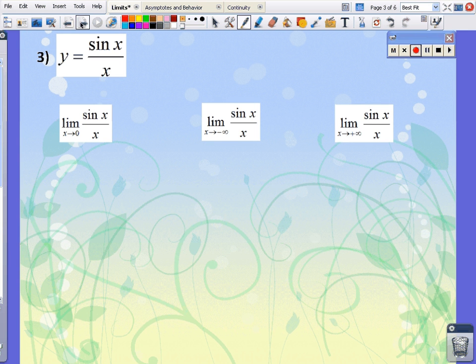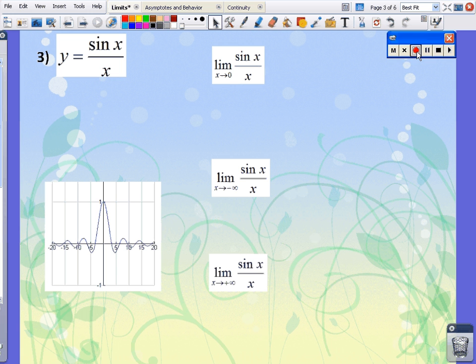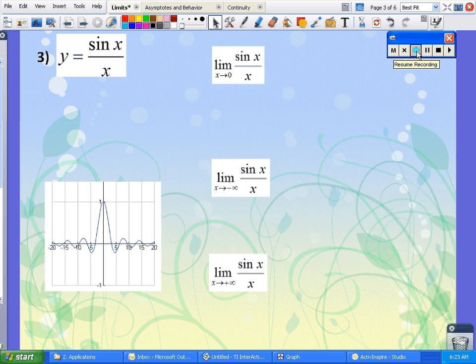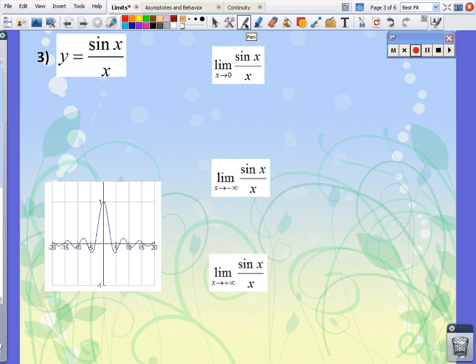We have sine of x over x. So remember when we looked at a graph, and I'm actually going to pull up the graph. What I did for you was actually bring a graph up on the screen. And the one thing we should realize is that there is definitely a hole right there, a removable discontinuity.